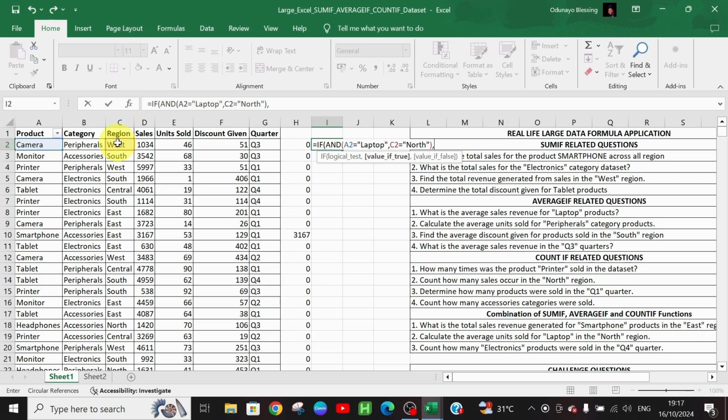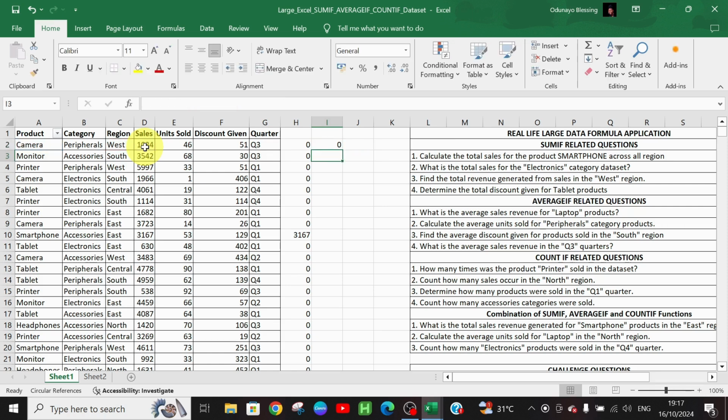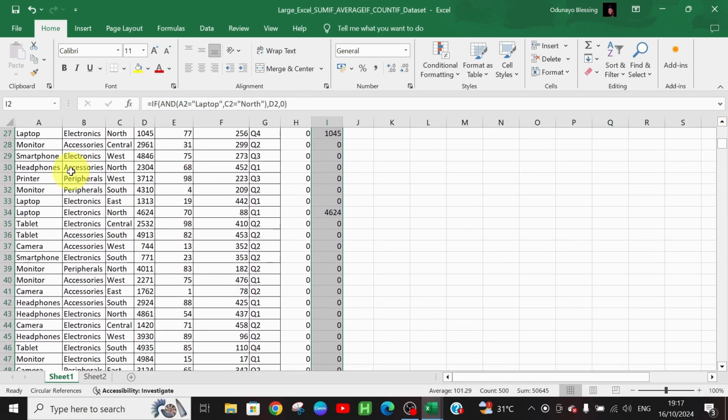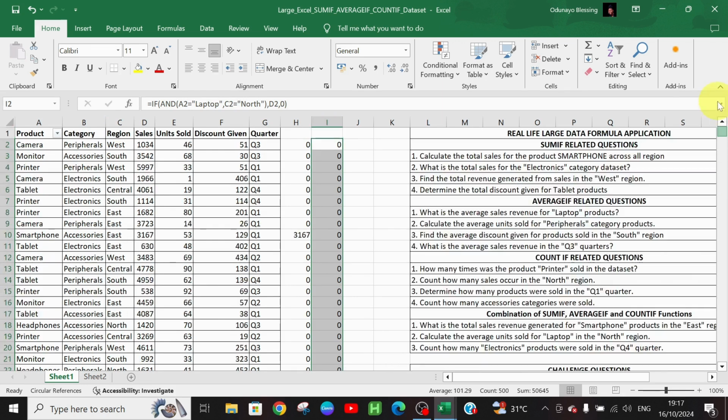So what will be the figure that will be released if true? The sales. Now, if not true, then that is 0. So with this, we will have it to be this. Then you put it up. By the time you look down, you realize that at this point, where we have laptop and not, we have a value. It releases the sales value.